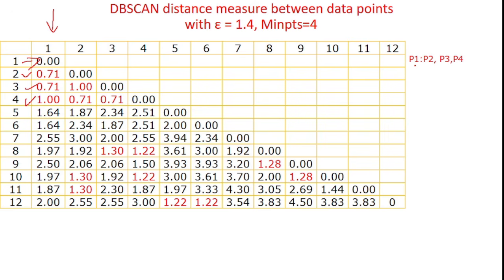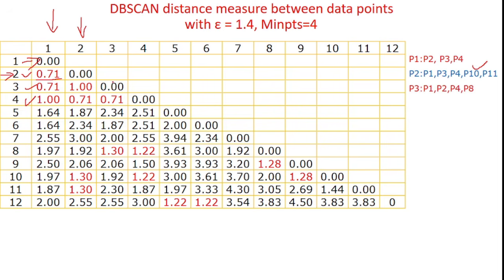So you will get the P1 neighborhood as P2, P3, P4. Same way, now let me focus on data point 2. If you look at data point 2 in the horizontal way, you have one value less than 1.4, that is none other than data point P1, and now if you look at data point 2 in the vertical way, you will get P3, P4, P10 and P11.